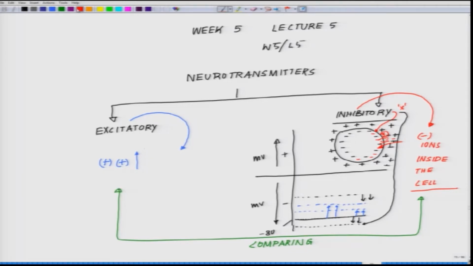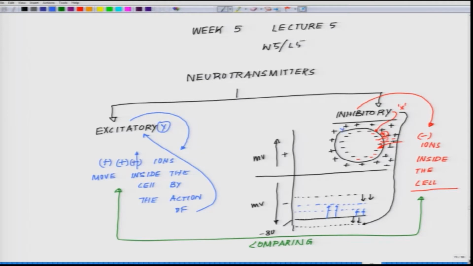So in this situation, one second, positively charged ions move inside the cell by the action of excitatory neurotransmitter, say it's a Y.